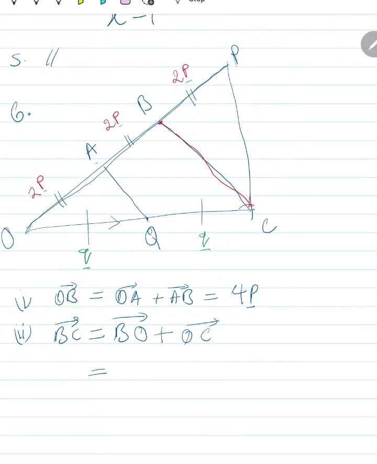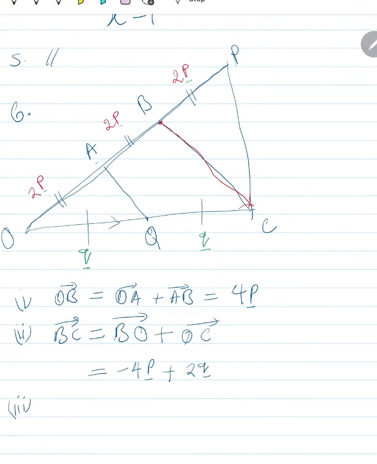Remember, OB is 4p, so BO is negative of OB, which is negative 4p, then plus OC. OC is just the normal direction, and we're not going to take the negative, so which is 2q. So you don't need to do any simplification here, it's just straightforward.